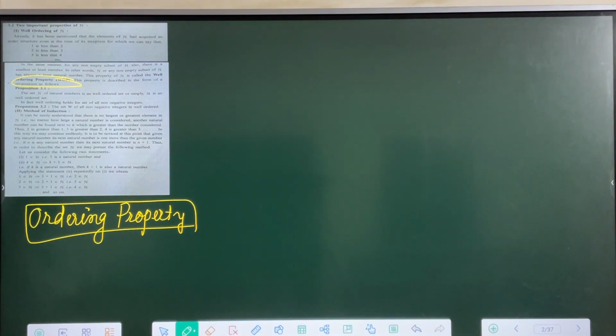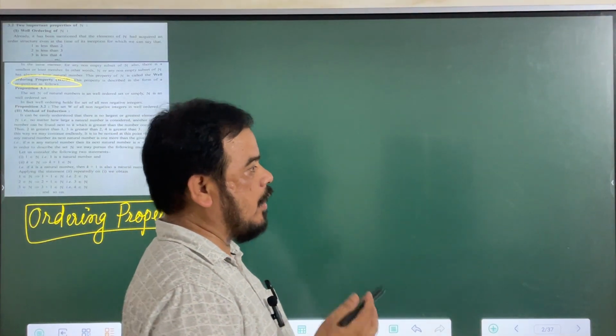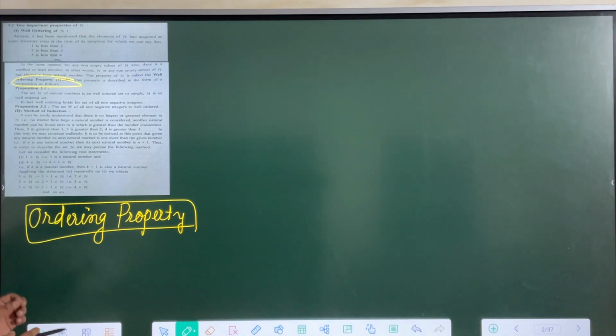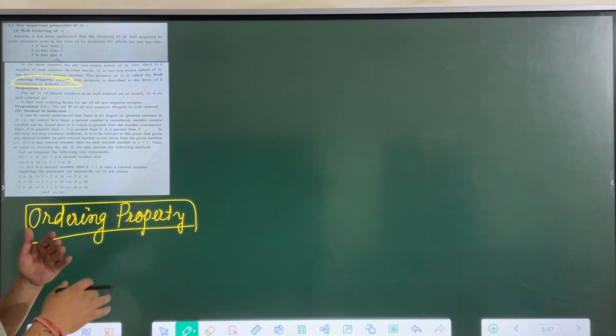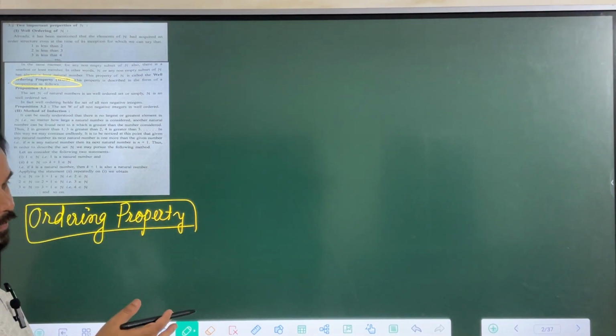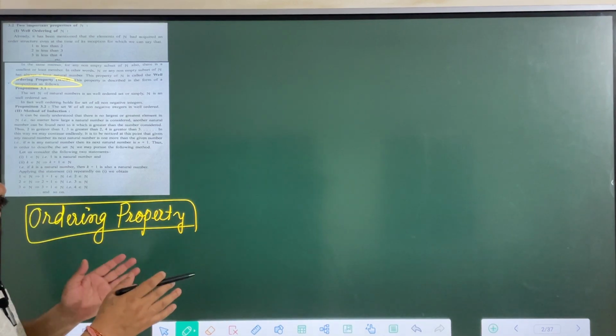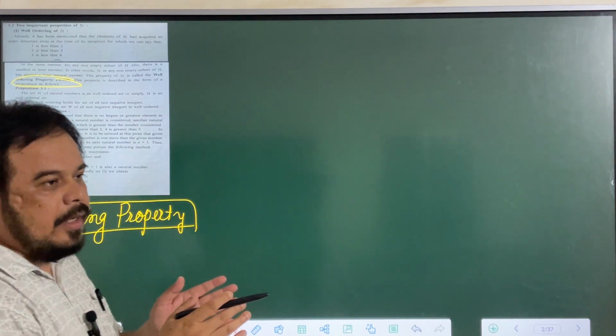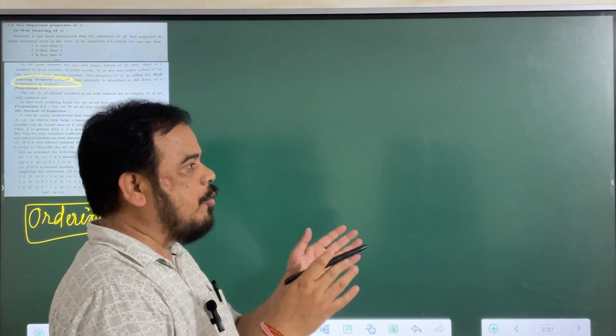Just we have to understand that this 3.1 exercise, everything related to exercise 3.1, is just related to natural numbers, and the natural numbers will always be in order. The difference between the first two natural numbers, second two, third two will always be the same.